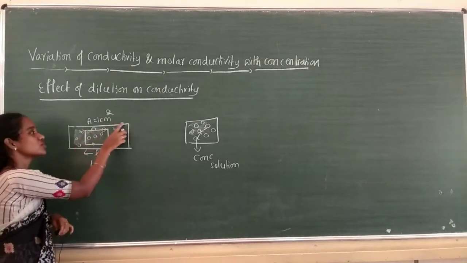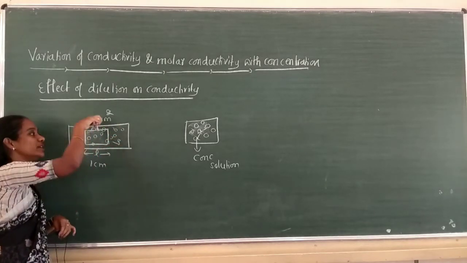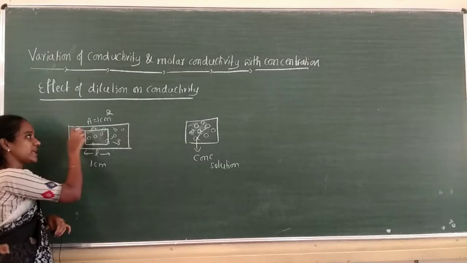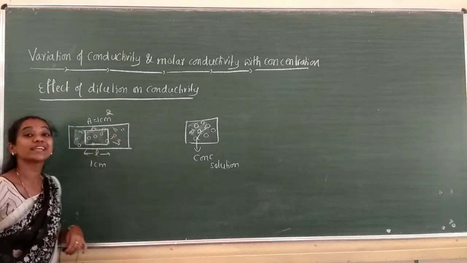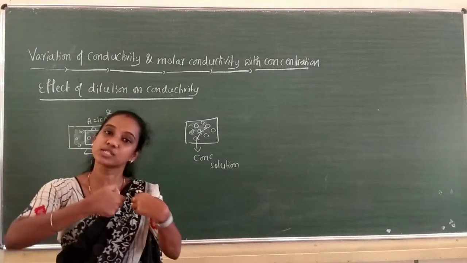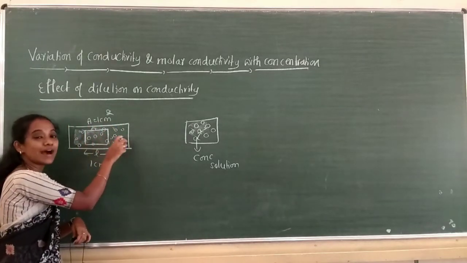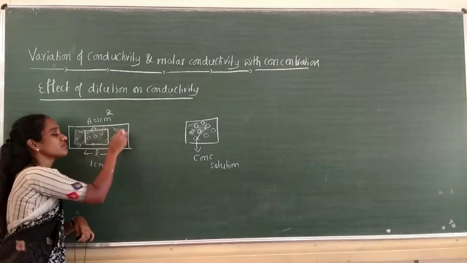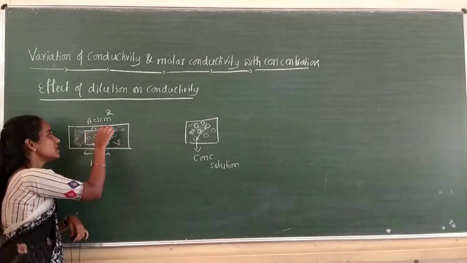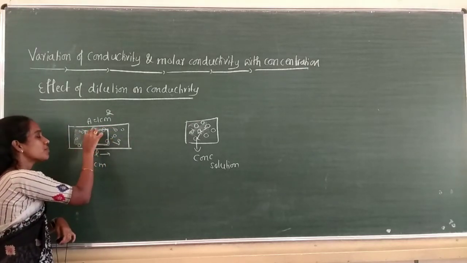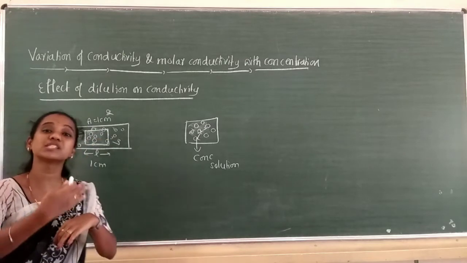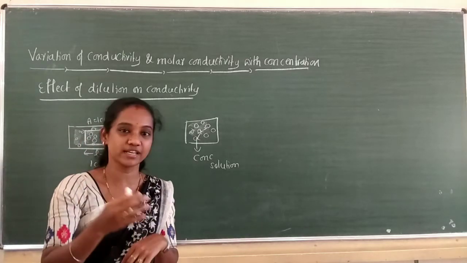So as the solution is diluted, or if we decrease the concentration of the electrolyte, the interionic interactions between the ions decrease. These ions move far away from one another. As a result, in this area, the number of ions responsible for carrying the current decreases.